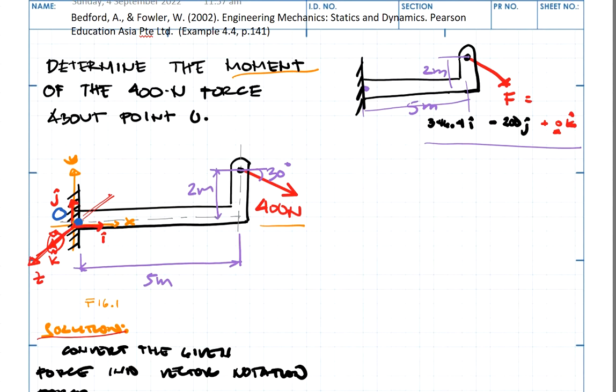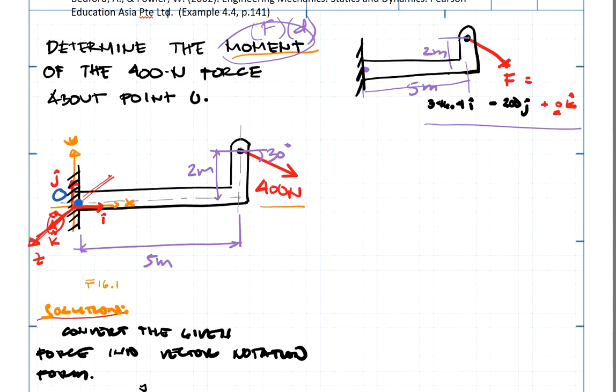After this, since we say that the moment is just the force times the perpendicular distance that acted upon this object, then we also need the representation of the distance. So we now need to find what we call the position vector.